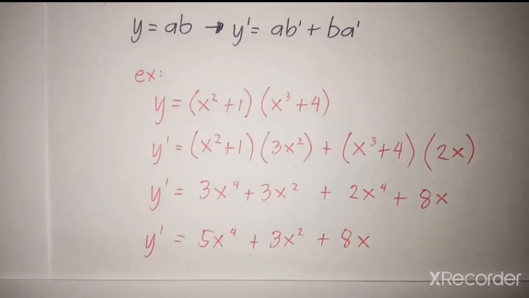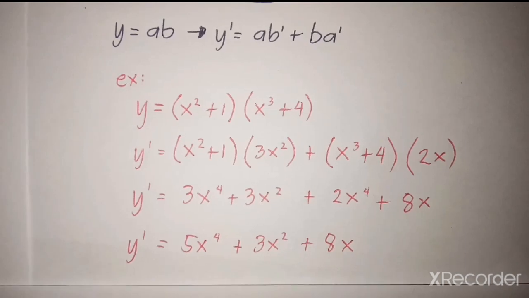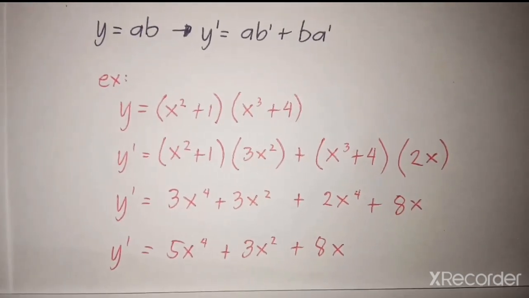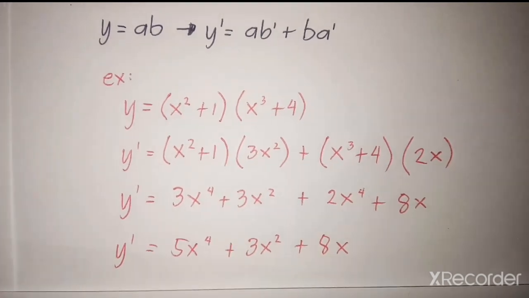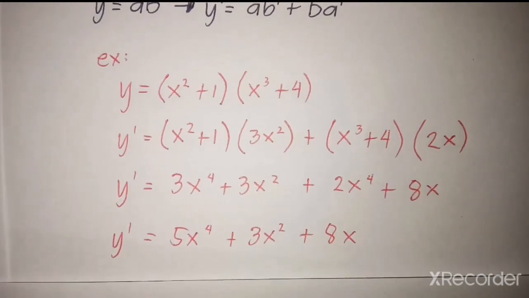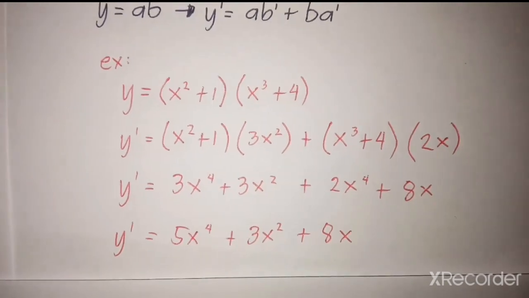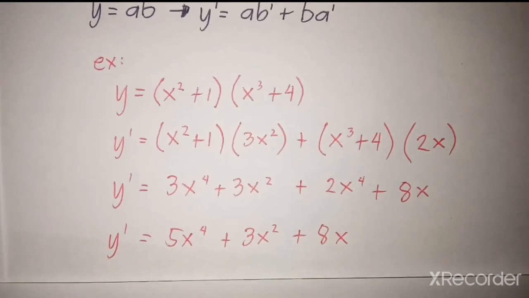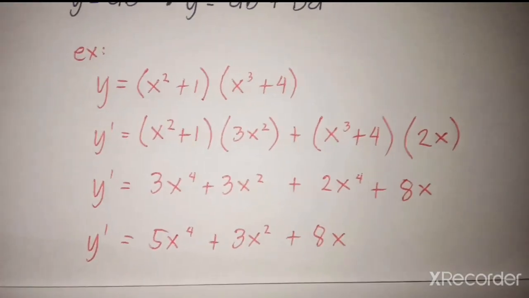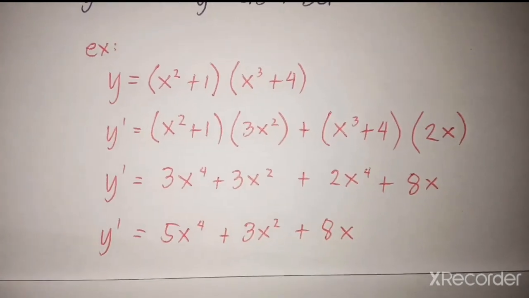Y prime is equal to the quantity of x squared plus 1 times the quantity of 3x squared plus the quantity of x cubed plus 4 times the quantity of 2x. Then y prime is equal to 3x to the power of 4 plus 3x squared plus 2x to the power of 4 plus 8x. Then the answer is y prime is equal to 5x to the power of 4 plus 3x squared plus 8x.